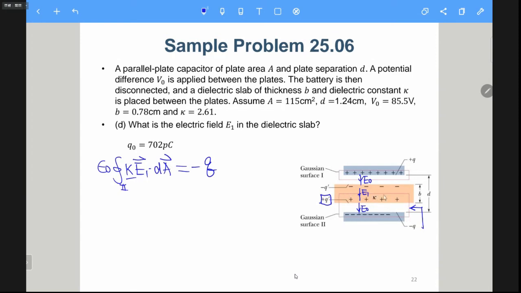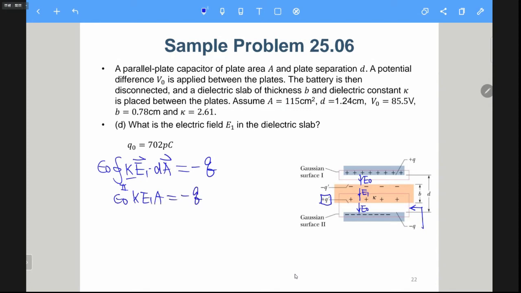The only part which will contribute to this integration is the upper surface, where E1 is pointing inside, so it's a negative value. So we have epsilon naught kappa E1 A equals negative Q.